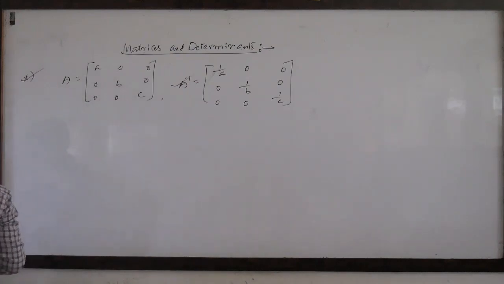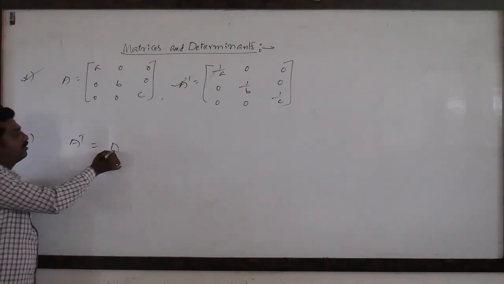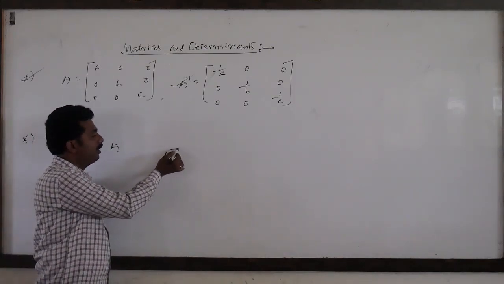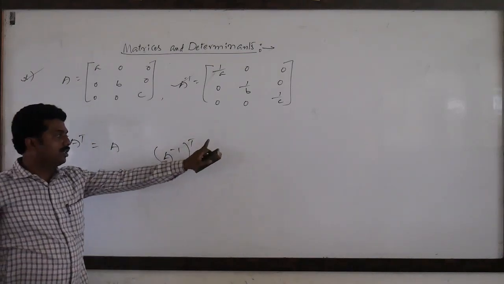Next, if A is symmetric, A inverse is also symmetric. Next concept: A is symmetric, A transpose equal to A. Its inverse is also symmetric. See, what we have to prove is A inverse whole transpose equal to A inverse.